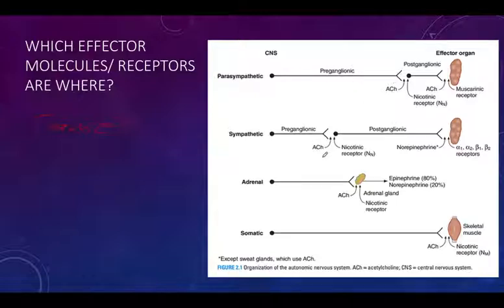All of these preganglionic neurons and the one neuron system of the somatic nervous system release acetylcholine, and it binds to a nicotinic receptor. So if you have a question on a preganglionic neurotransmitter that's released, it doesn't matter what system you're talking about, parasympathetic, sympathetic, whatever. It's always acetylcholine, and it always binds to a nicotinic receptor.